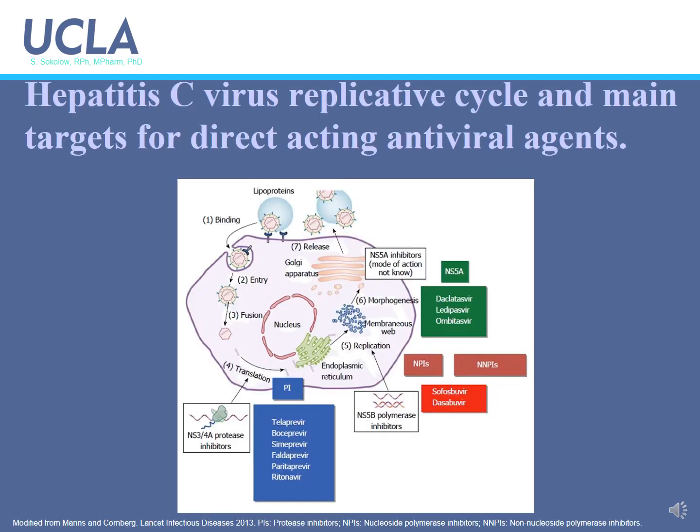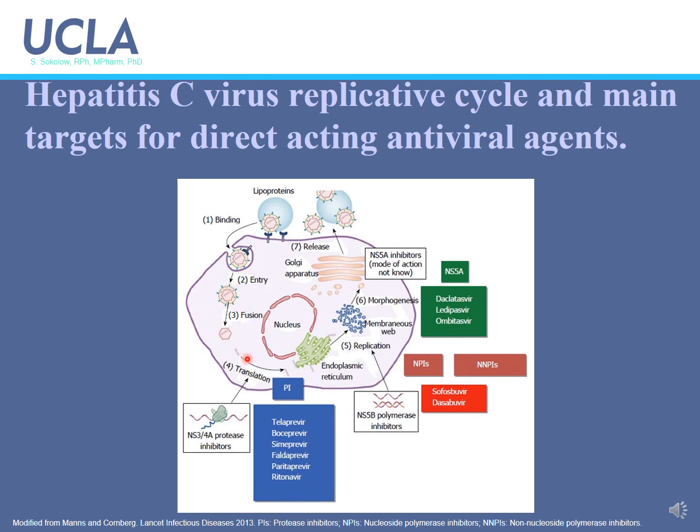So here you see the replication cycle of the Hep C virus. First, the virus has to attach to the surface of the cell, then it will fuse with the cell membrane, and that's how the virus enters the cells.